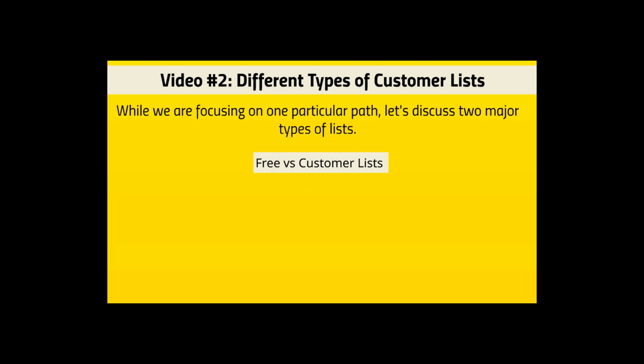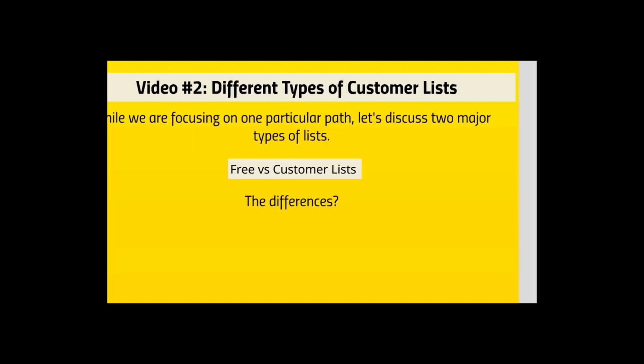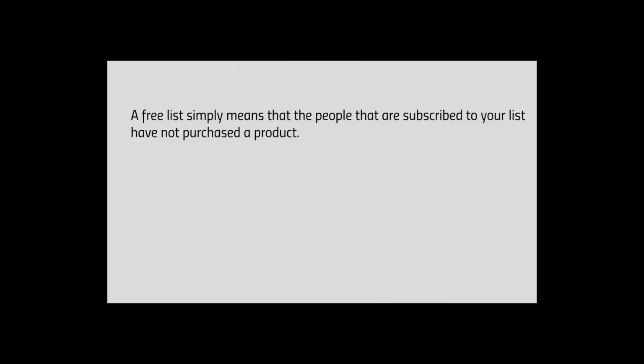So a free list, let me explain the differences. A free list simply means that the people that are subscribed to your list have not purchased a product. If you imagine you get onto a landing page or a squeeze page and they're asking for your name and your email and that's it, you're not buying anything. That is basically what a free list is.